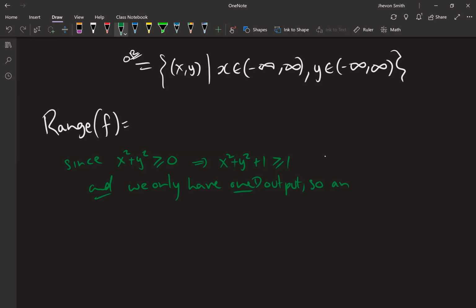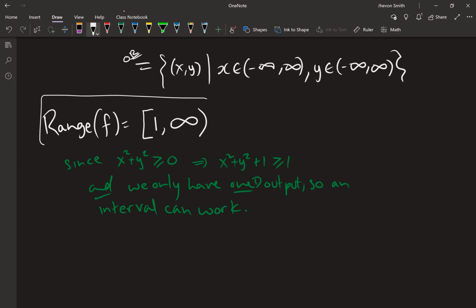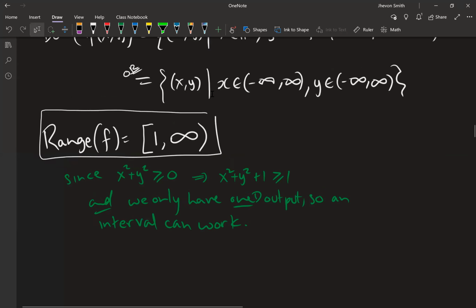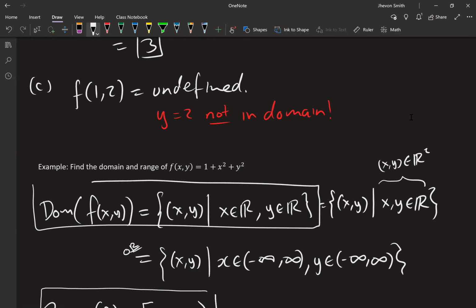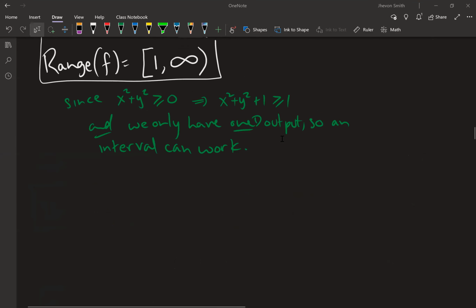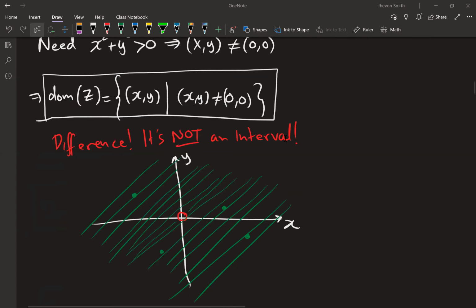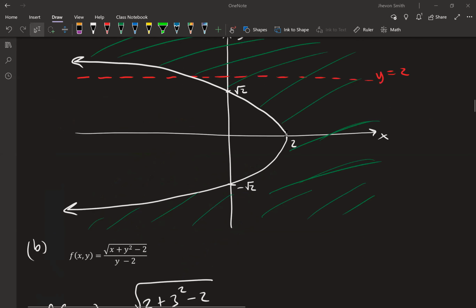So an interval can actually work here. So for your range, an interval still works. It can be any z value that is equal to 1 or larger. That's going to be your range. And your domain is this guy. All right. So nothing too crazy so far. Let's keep going.